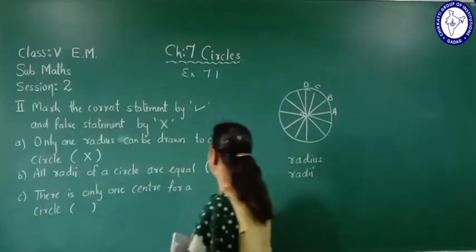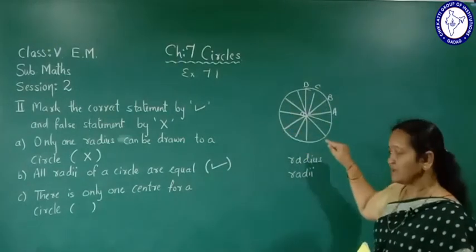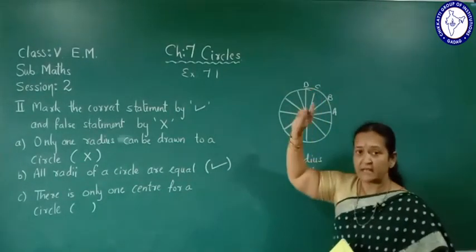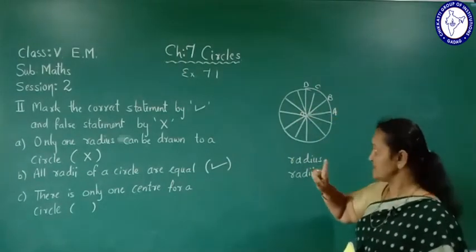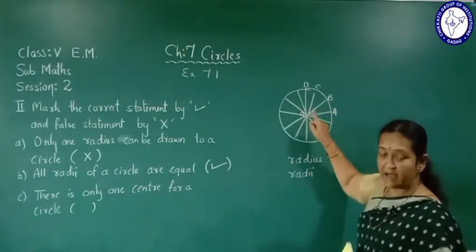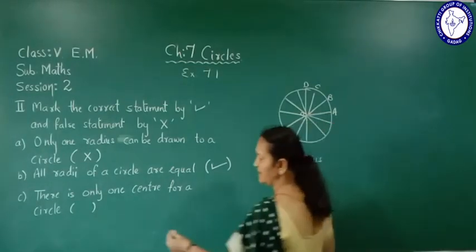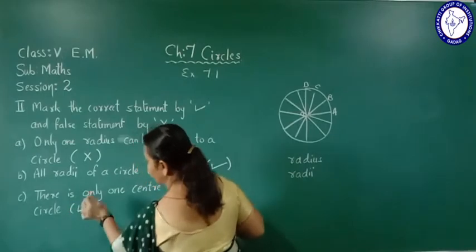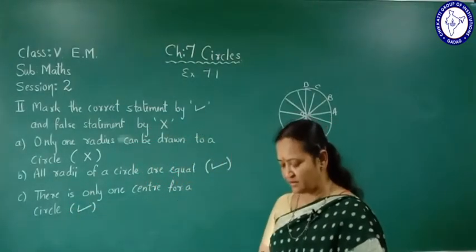So here in a circle we can put so many points on the circle. We can draw as many radius we want, but there is only one center of the circle. Here we have only one center of the circle. Okay, so this statement is true. Now turn the page, let me go to next question.